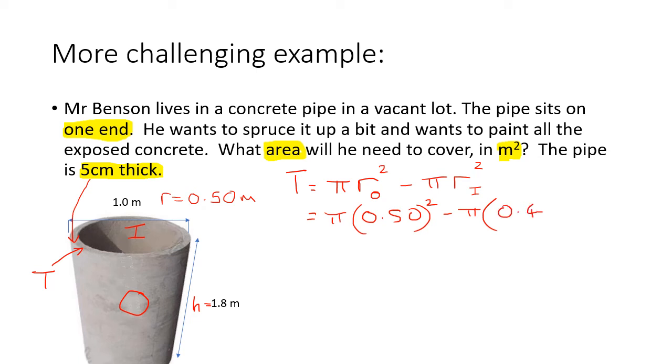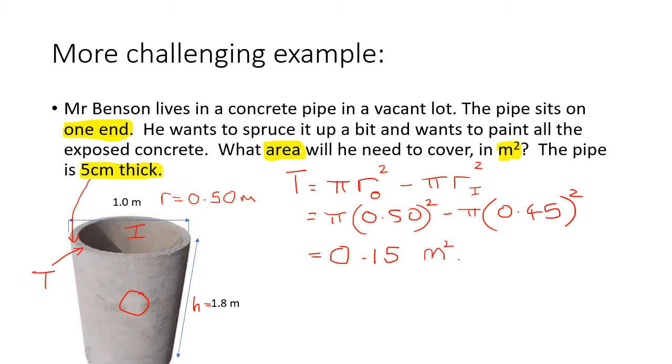If we take 5 centimeters away from half a meter, we're going to end up with 0.45 of a meter. And carry out this calculation on your calculator where you use the pi button to give you the most accurate version of pi. And what we're going to end up with here is, I'm just going to round that to 2 decimal places, so 0.15 meters squared for the top.